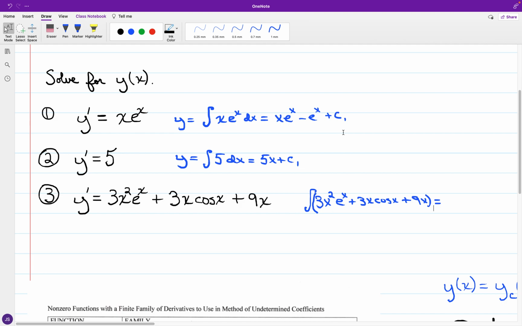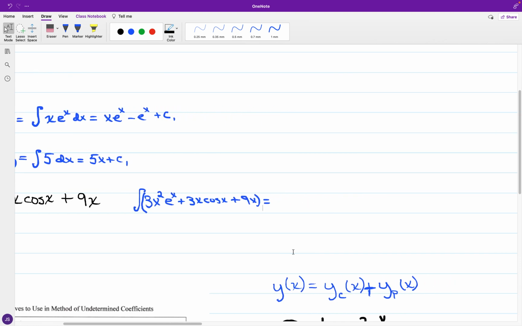And now this third case is going to be a bit of a doozy, regardless of whether you are using integration. Like here for 3x squared e to the x, you would have a case of repeating integration by parts. But if we look at applying the method of undetermined coefficients, again we have a first order differential equation.